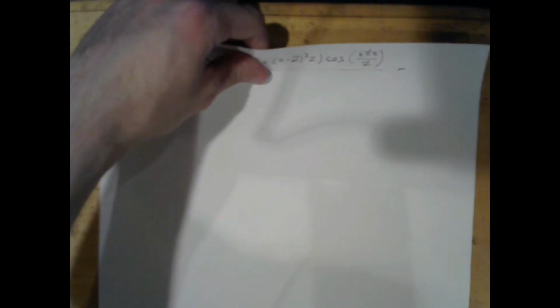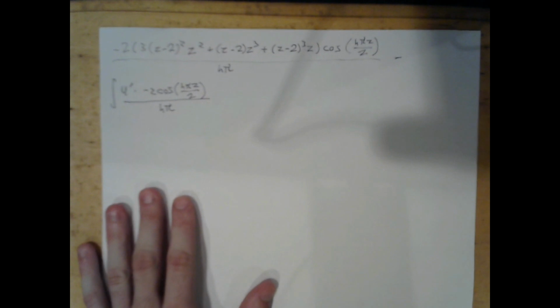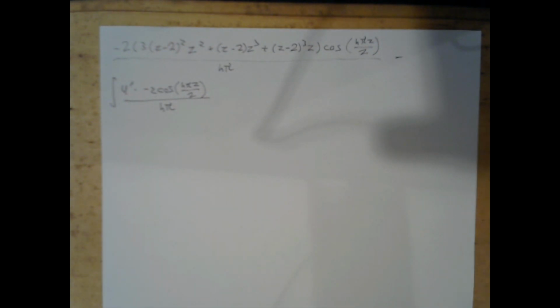Normally I would just get a new page to start the integral, but let's just continue it on this page to save paper. So don't be confused. We're going to go back to solving our new integral in a minute, but let's just pull out the constant here.